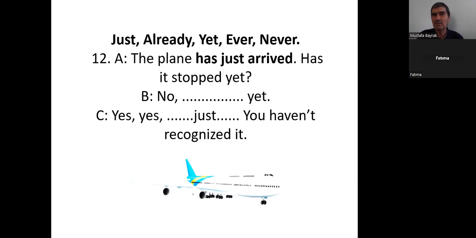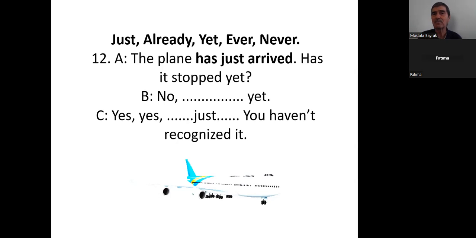With ever, for example, it has a stressing effect. It makes the sentence more striking, to stress a message. We use it. For example, have you ever eaten avocado?